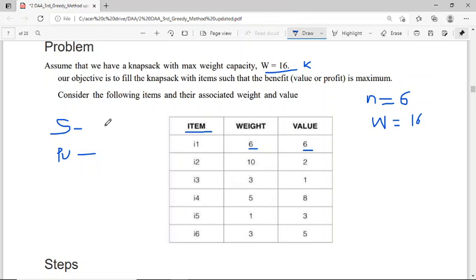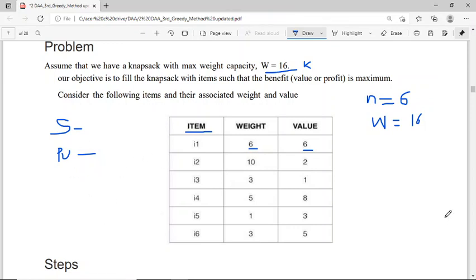In the coming classes you are going to get the 0 by 1 knapsack problem. Okay, what does that mean? An item which you cannot make half, we cannot divide, that kind of problem is called 0 by 1 knapsack problem.